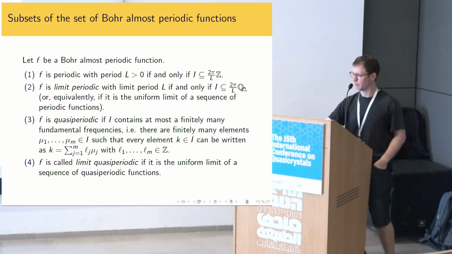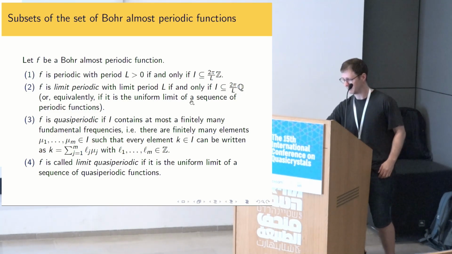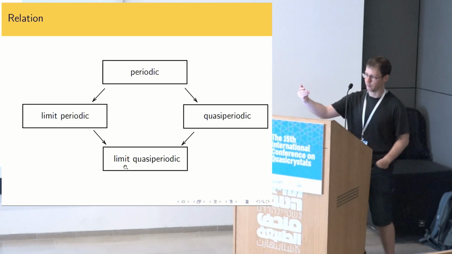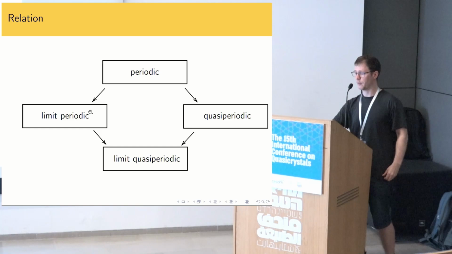If I is in 2 pi divided by L times Z, it is obviously in 2 pi divided by L times Q, because the integers are a subset of the rationals. And if it is limit periodic, it is limit quasi-periodic, because every periodic function is quasi-periodic, and every quasi-periodic function is limit quasi-periodic, for the same reason every periodic function is limit periodic. And there is no connection between limit periodic and quasi-periodic functions.